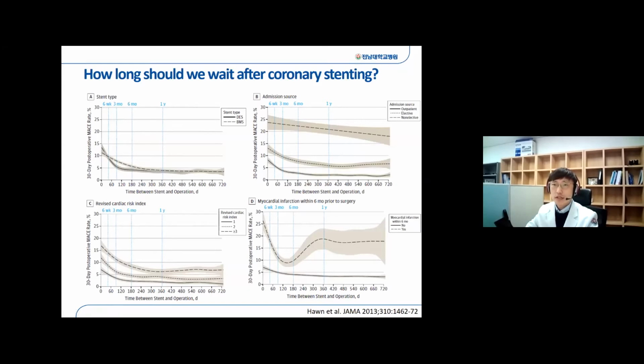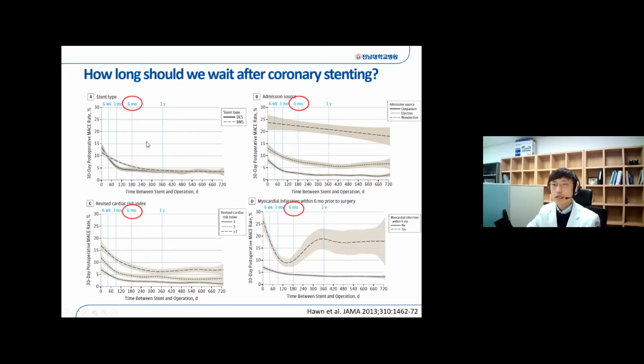Then there is a question: how long should we wait after coronary stenting? That means the surgery should be postponed if we do the coronary stenting first, in order to have a safe surgery without complications related to the stenting.